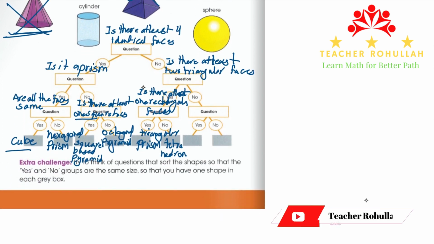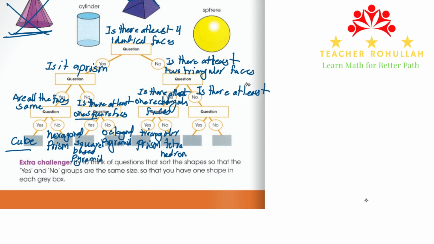We should have a question. The question here is, is there at least two circular faces? If the answer is yes, what is that?